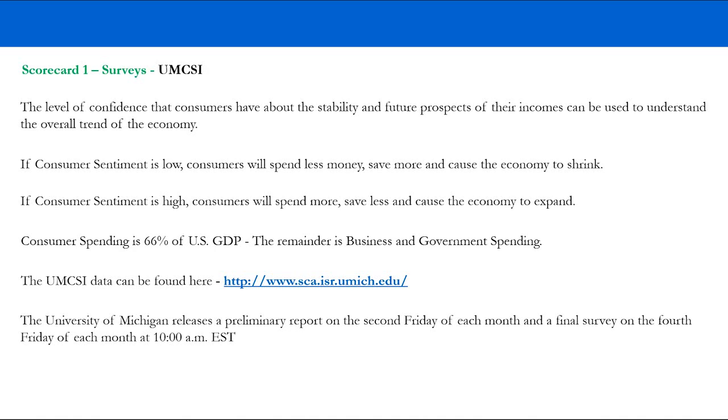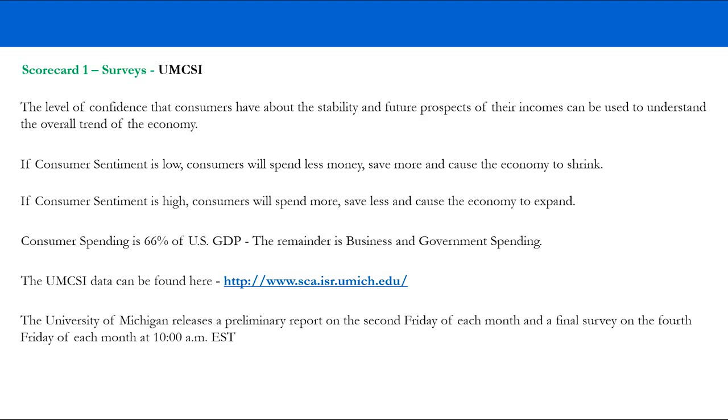So what this does is basically give you an understanding of the overall trend to expect in the economy. So for example, if consumer sentiment is low, it basically means that consumers are likely to spend less money and save more and cause the economy to shrink. So if it's high, consumers will actually go out and spend more, save less, and cause the economy to expand.